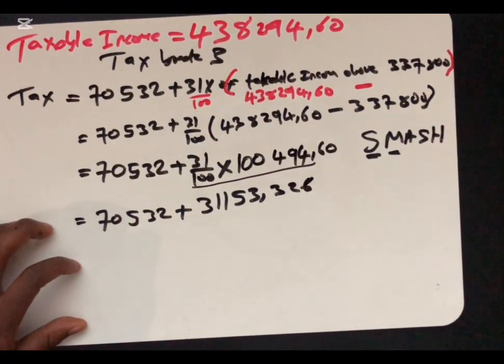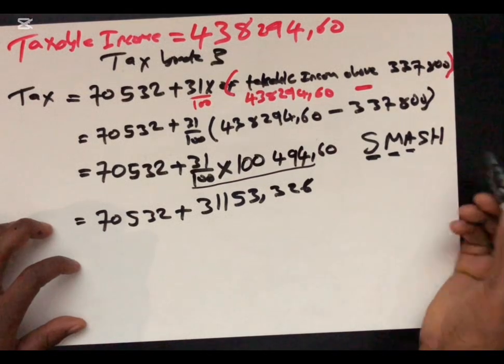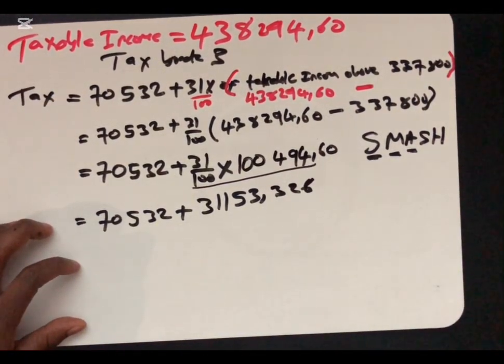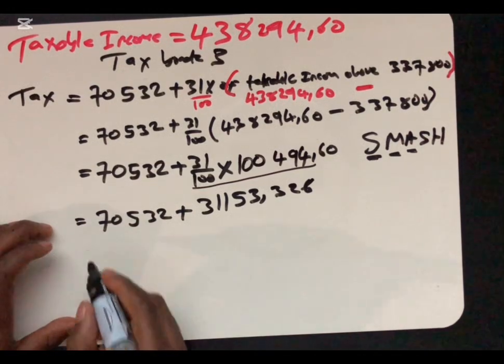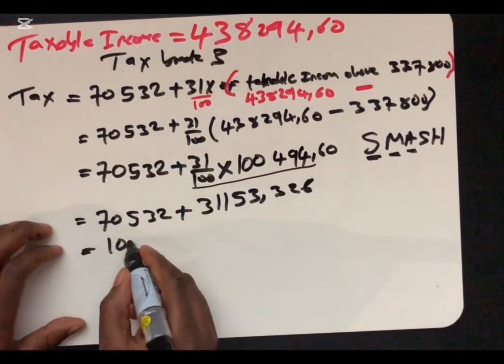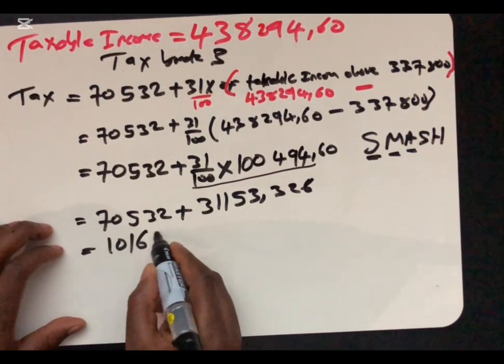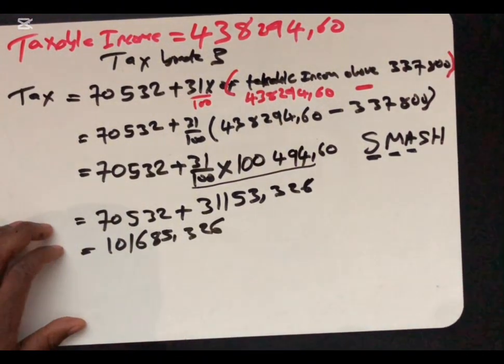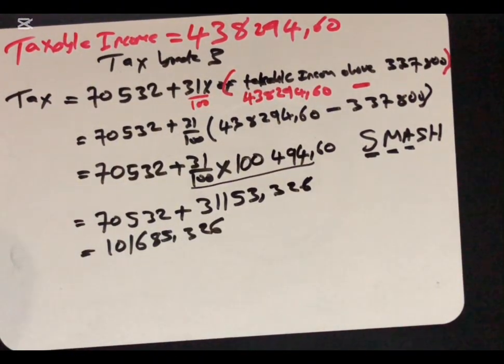Then we are done with S and M. Now we go to A, which stands for addition. You just add 70,532, which gives you 101,685.326.